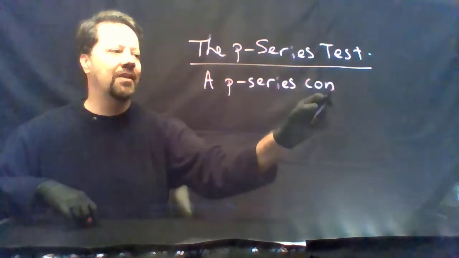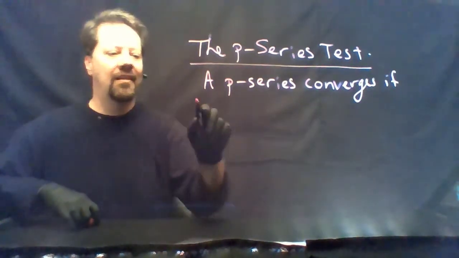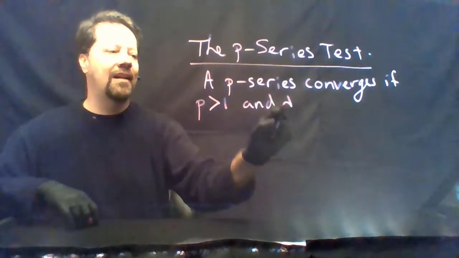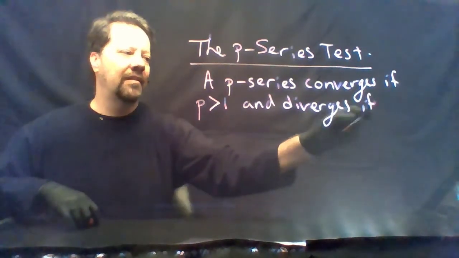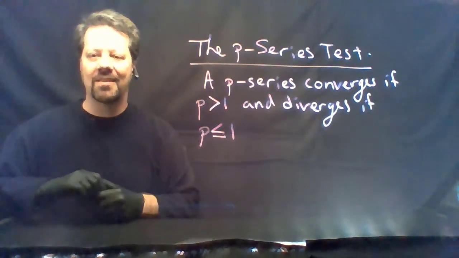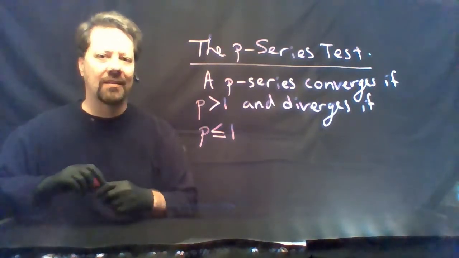The p-series converges if p is strictly greater than 1 and diverges if p is less than or equal to 1. So 1 is the dividing line. You have to be strictly larger than 1.